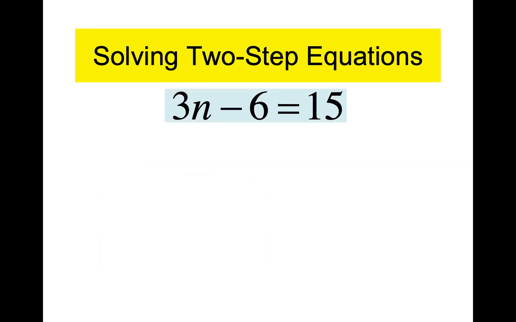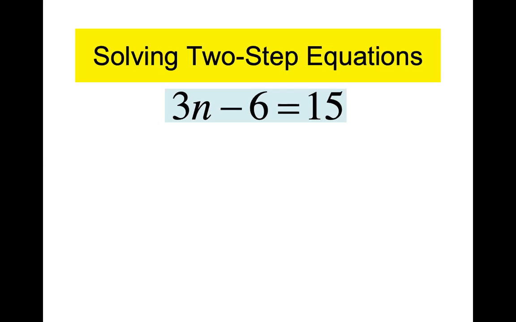Okay, so how do you get this? Well, we have options now, right? Because there's 2 things to get rid of, you get to pick which one you want to get rid of. My job as the algebra teacher is to show you the easiest way to solve these. You are literally allowed to get rid of whatever number you want, but you can't violate the rule of algebra that says whatever you do to one side, you must do to the other.